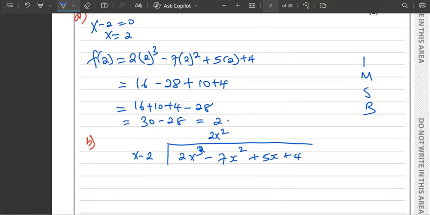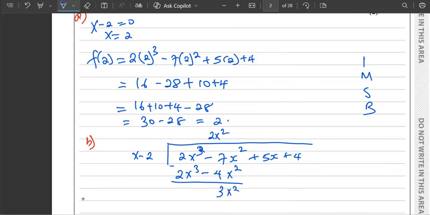Then we multiply: 2x squared times x minus 2 gives you 2x cubed, then 2x squared times 2 is the same as 4x squared. Next we subtract, so we get the difference between the first two expressions. This automatically gives you 0, then minus 7x squared minus 4x squared gives minus 11x squared.